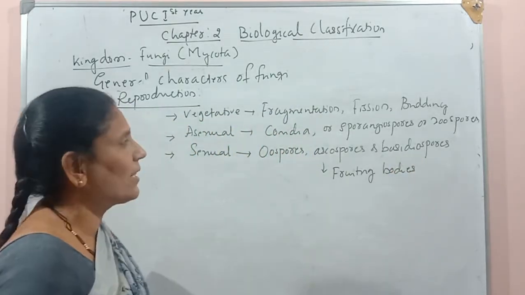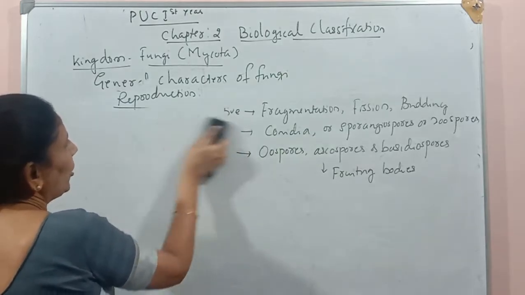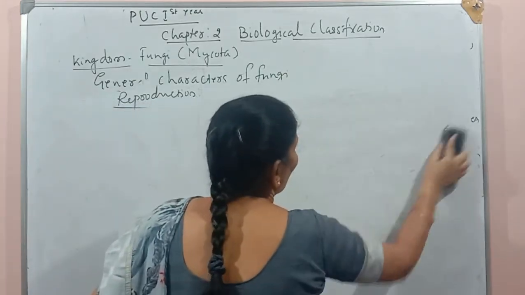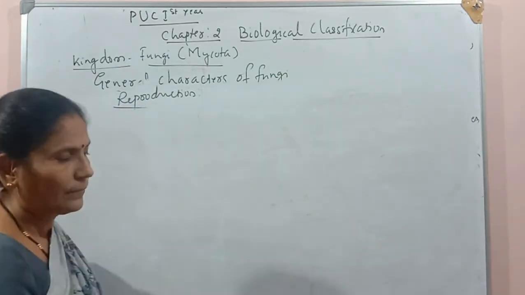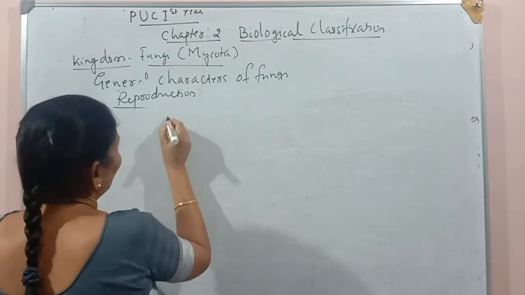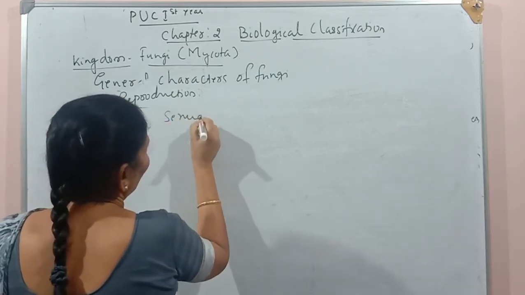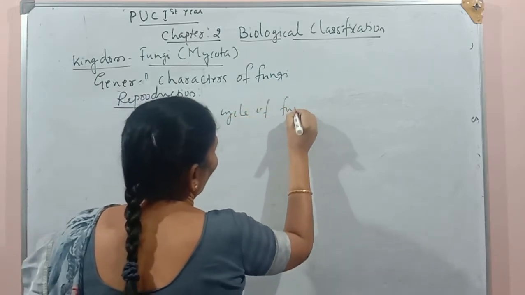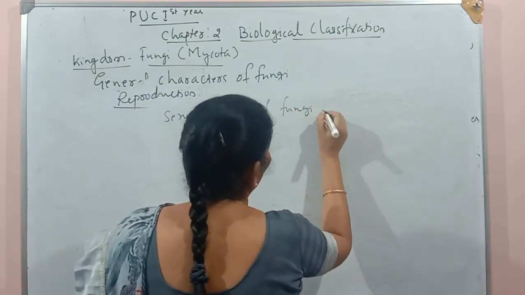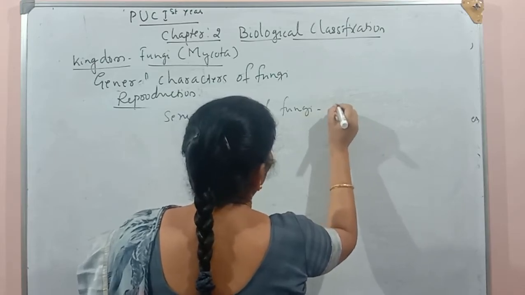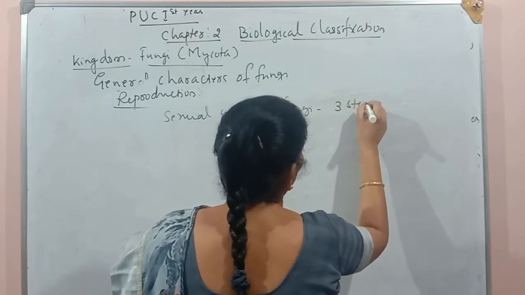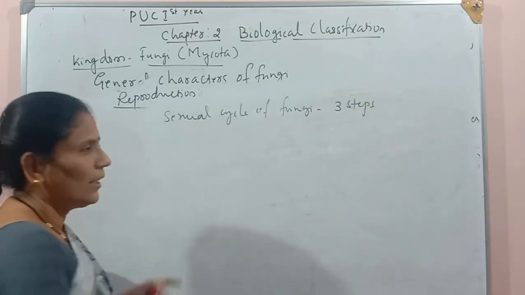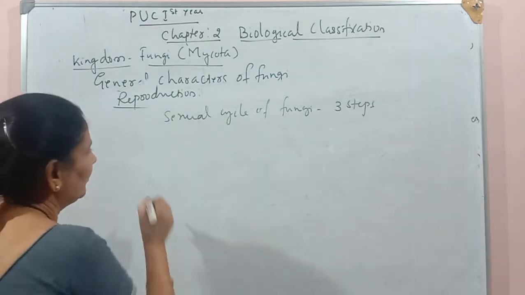The sexual cycle of fungi shows 3 steps. Let us discuss those 3 steps.